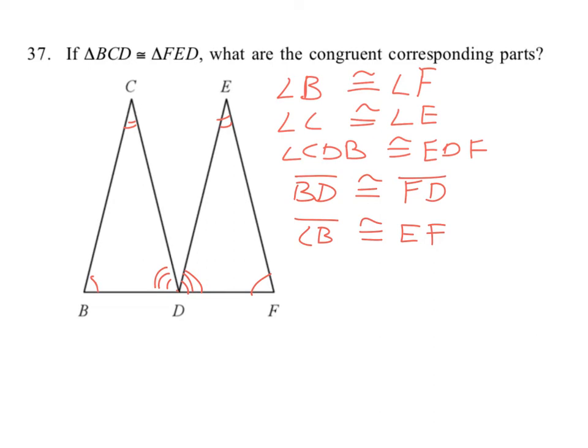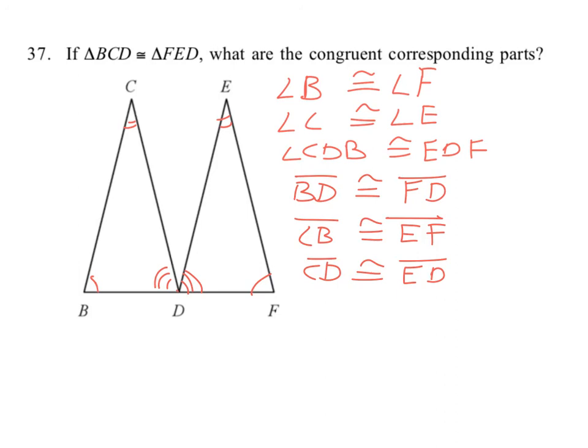And by the way, if we're marking them, we've done that side, we've done this side, and so now we have to do C to D and E to D. So side CD is congruent to side ED. Yep, I need to put that to be right.